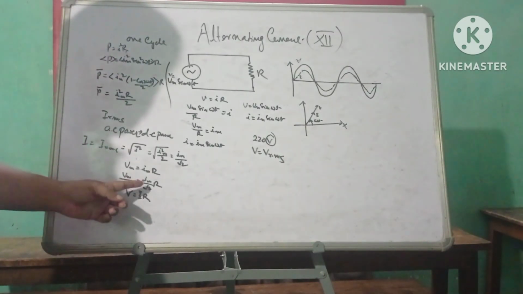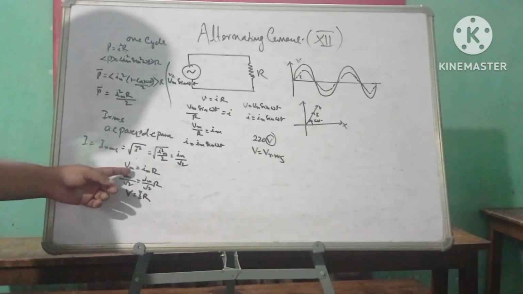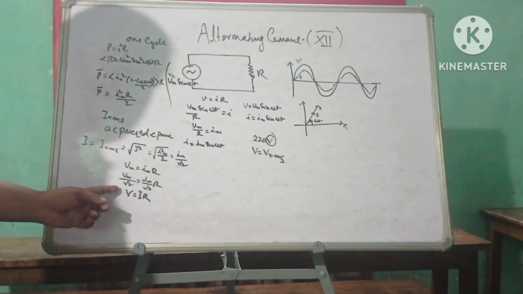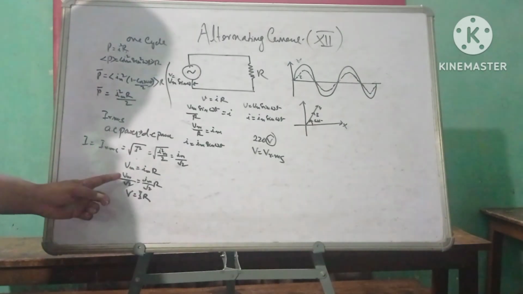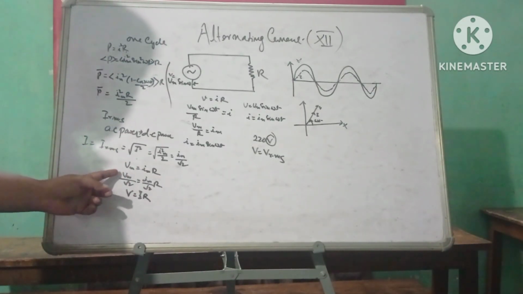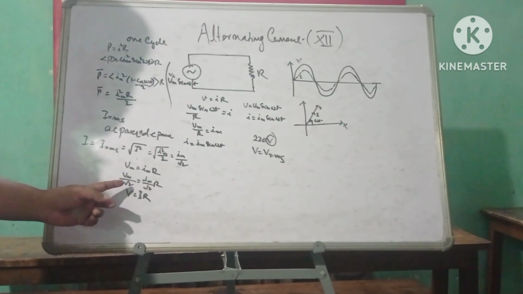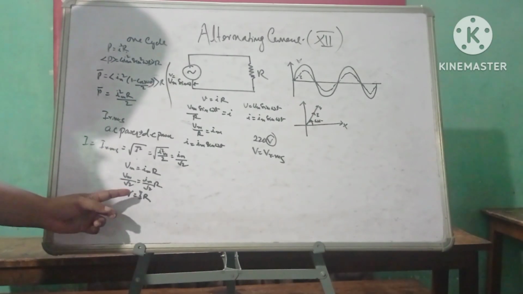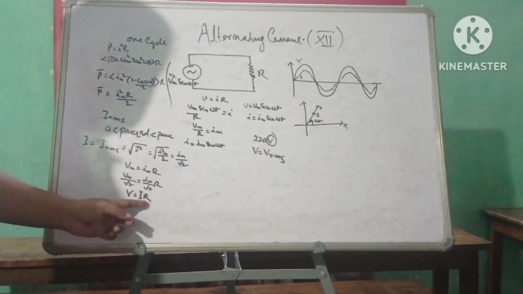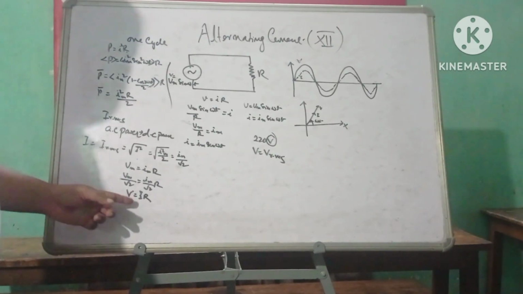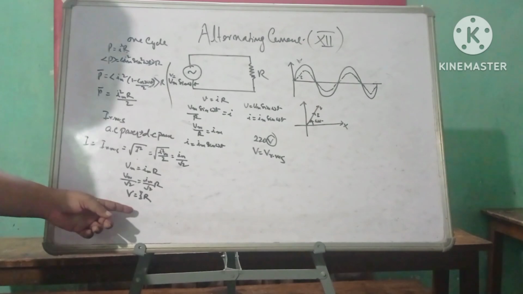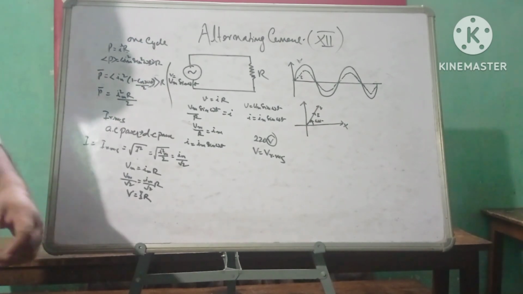Since we have IRMS and VRMS, this is the DC equivalent of AC current. So now I am able to write V is equal to IR and express this in Ohm's law.